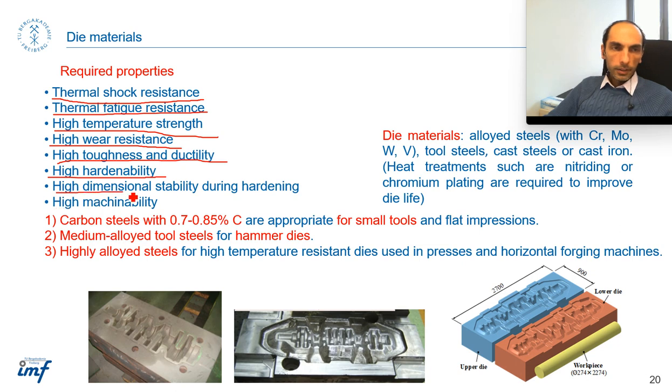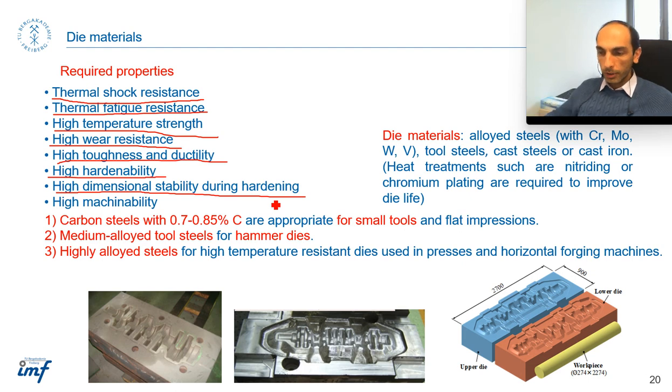And the other factor is high dimensional stability during the hardening. As I said, the forging die requires heat treatment. And if the material you are using for making the die does not have high dimensional stability, some distortion will happen in the die during the hardening.